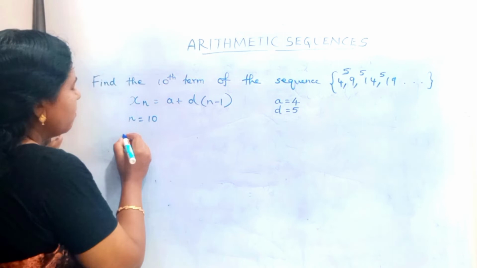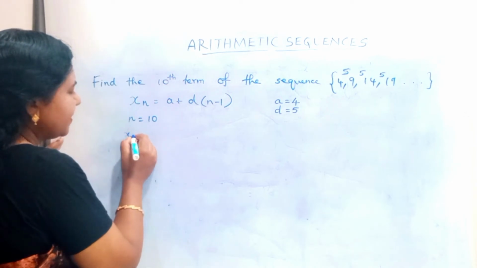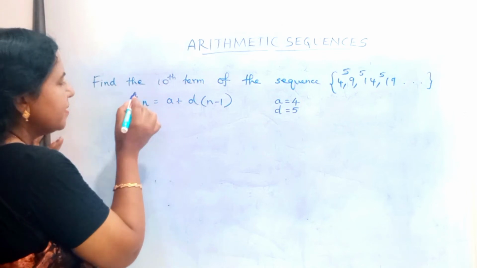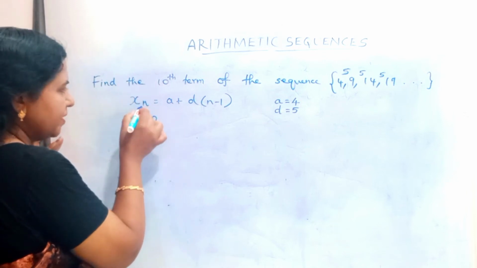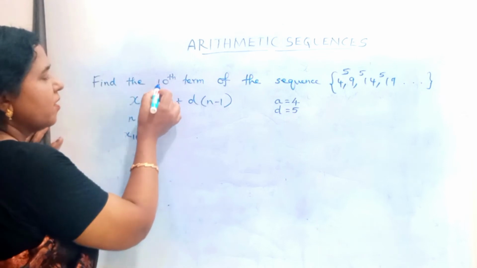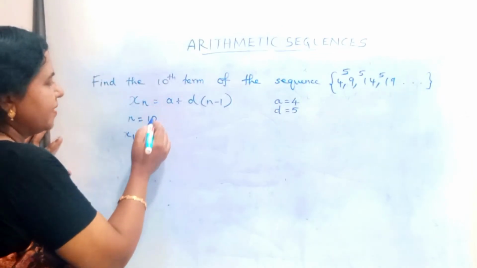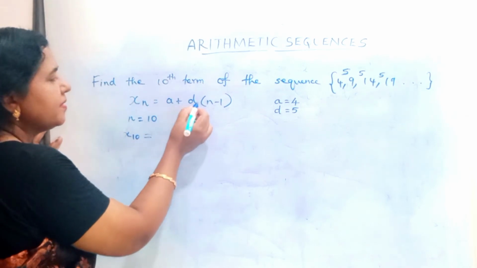Now what we have to find is x10, the 10th term. xn is the expression for the term present in the sequence. We are asked to find the 10th term, so we have to find x10. So x10 is equal to a plus d into n minus 1.